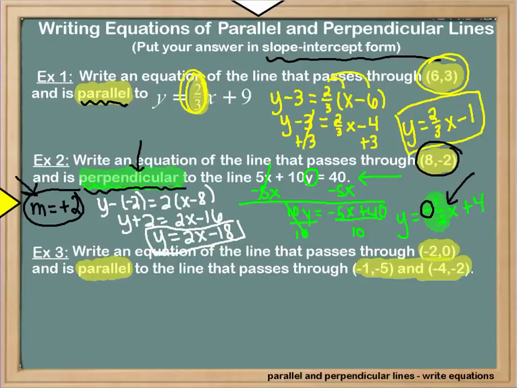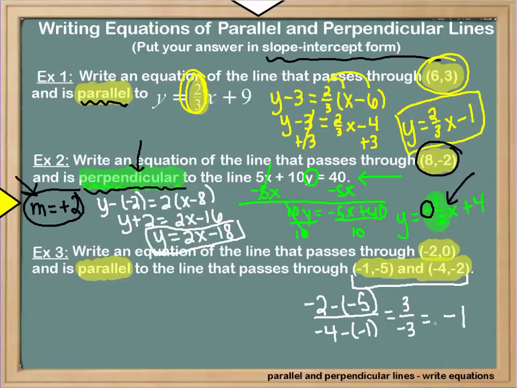To find our slope, we have to know the slope of the first line, which connects the points (-1, 5) and (-4, -2). So let's use the slope formula: y2 minus y1 all over x2 minus x1. Or in other words, I get +3 over -3, which means the line has a slope of -1.